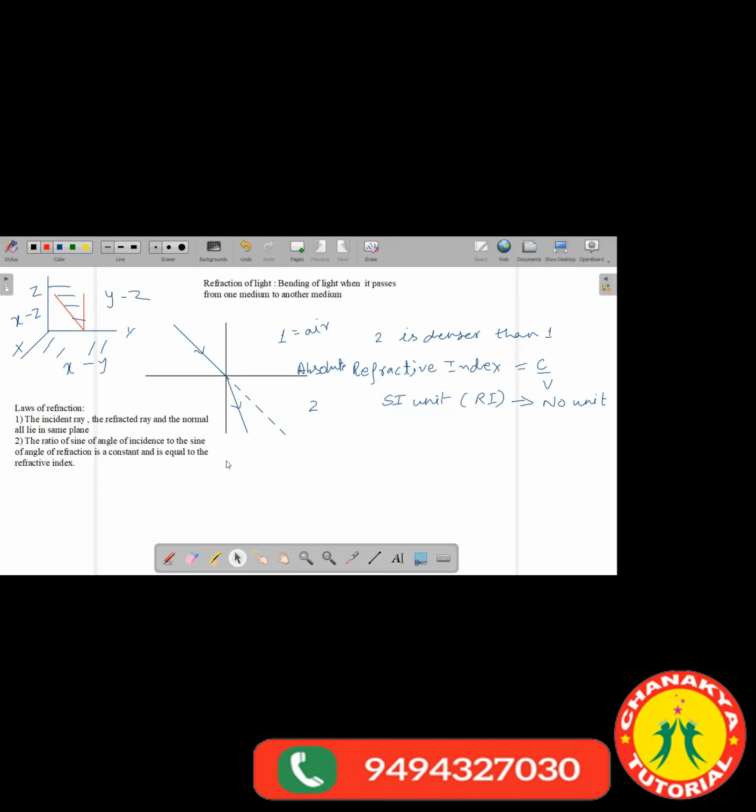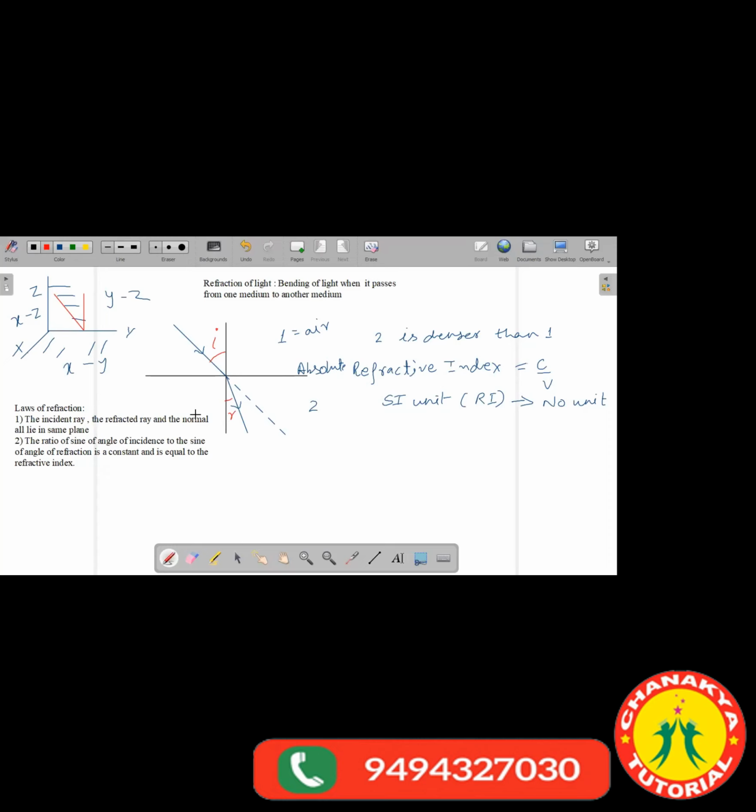So let us try to understand this in this diagram. This is your angle of incidence. The angle made between the incident ray and the normal is your angle of incidence. The angle made between the refracted ray and the normal is R, so this is the angle of refraction.